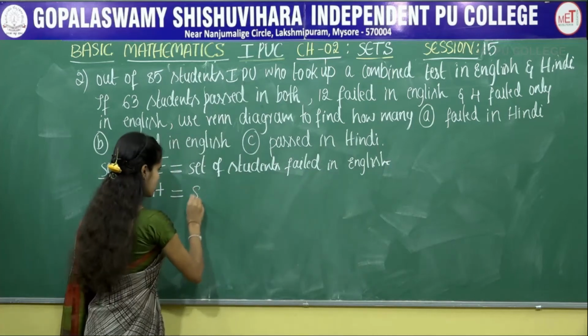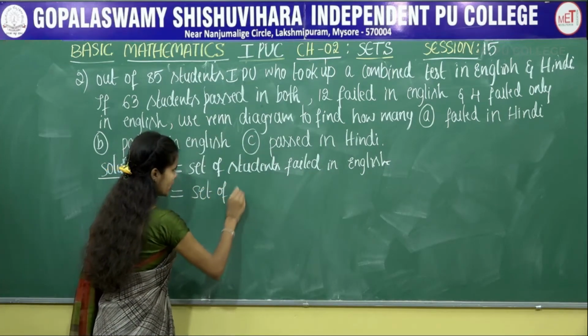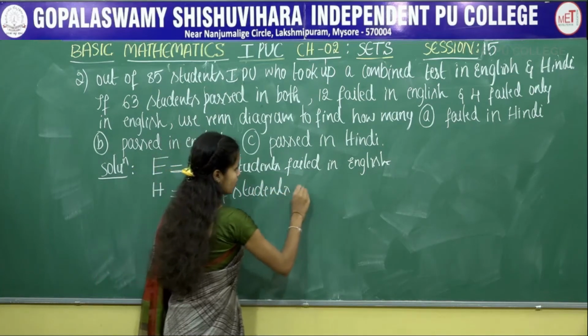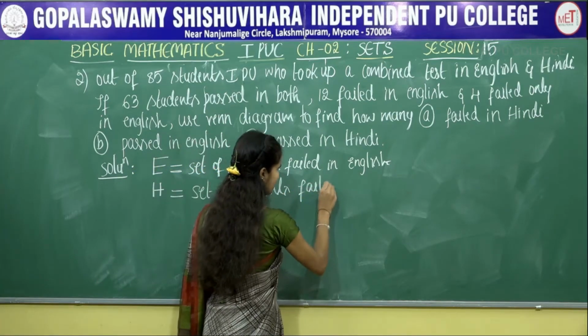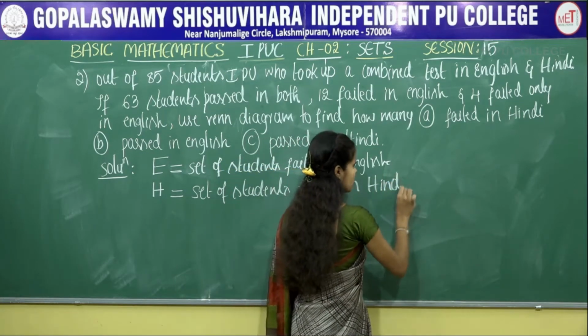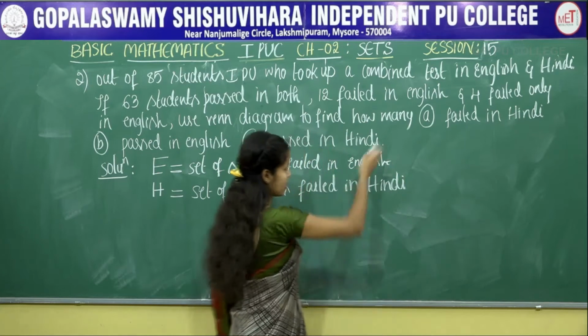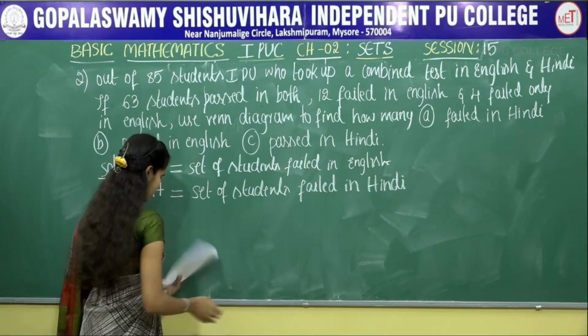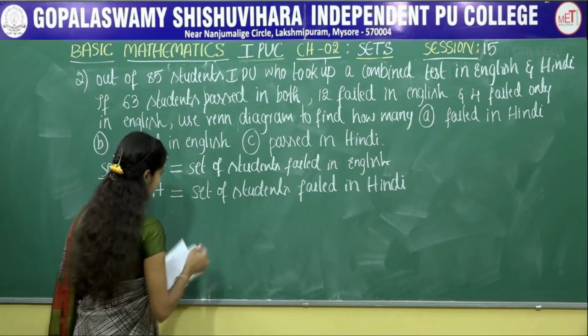So H represents the set of students who failed in Hindi. Now we want to answer these three sub questions using Venn diagram. So first consider two intersecting circles.